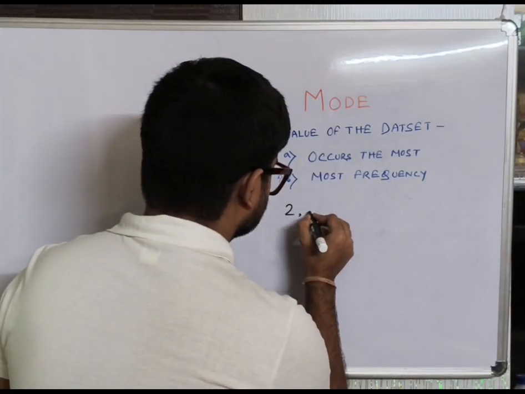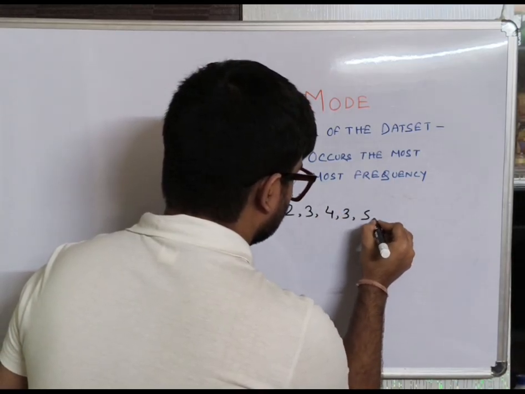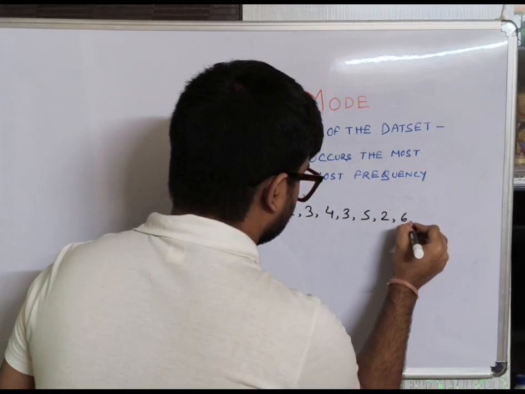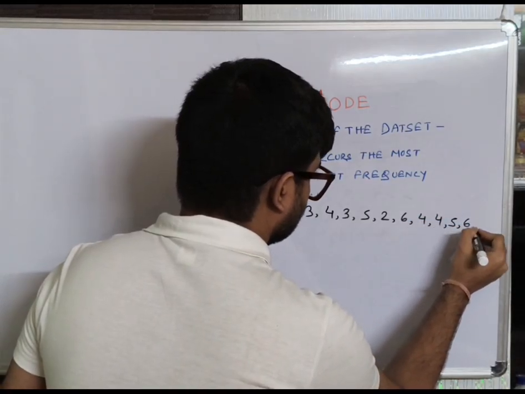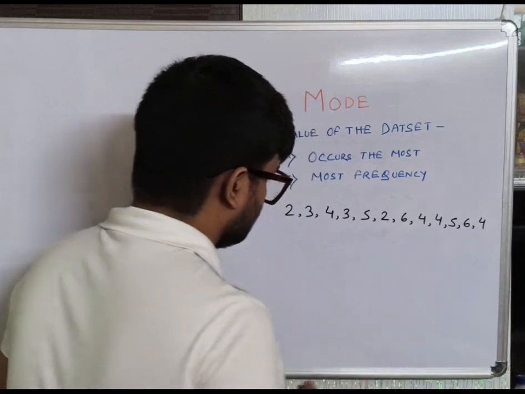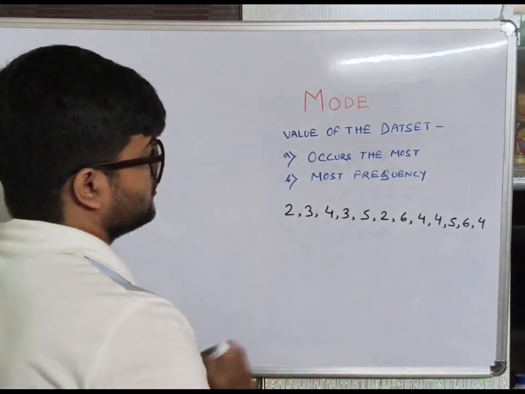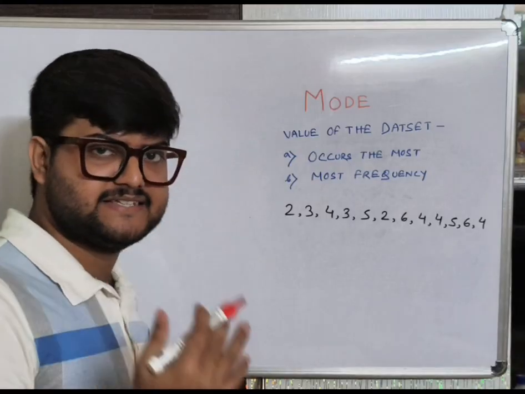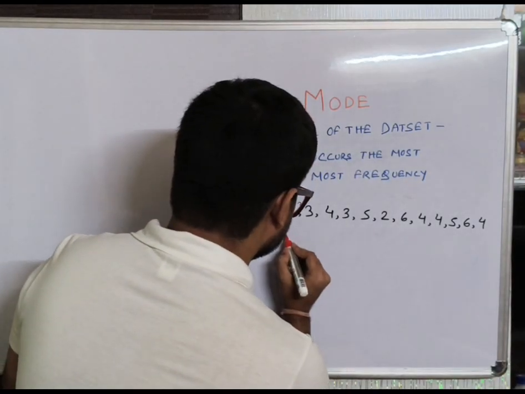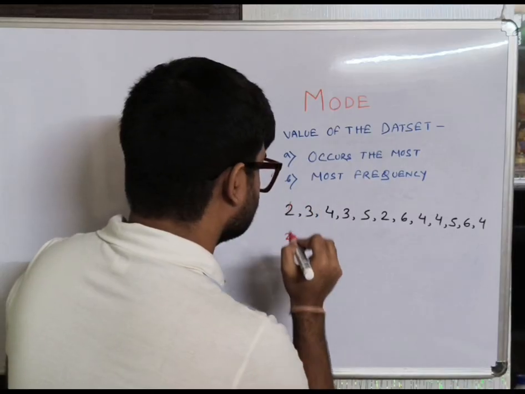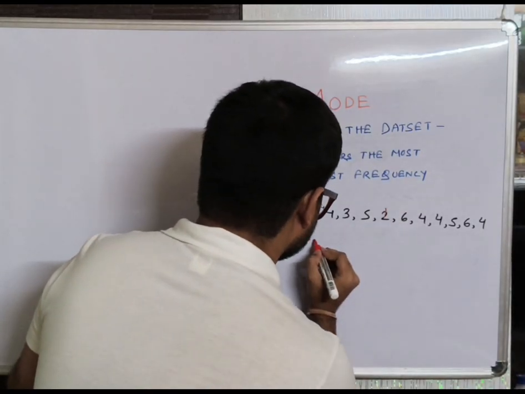A data set like this. First of all you need to arrange it in increasing or decreasing order. In this case I am doing it in increasing order. 2 done, another 2 is there, so 2 is done.